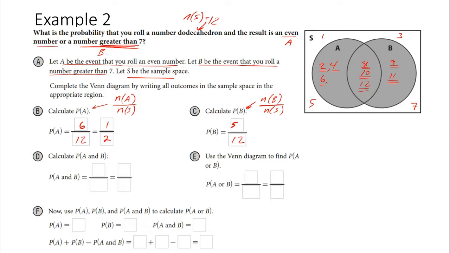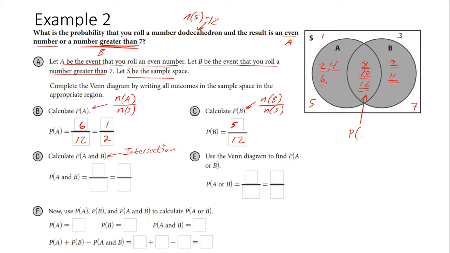Now we're going to calculate the probability of A and B. So if we think about it, we have to look at the intersection. Intersection means the piece in between.